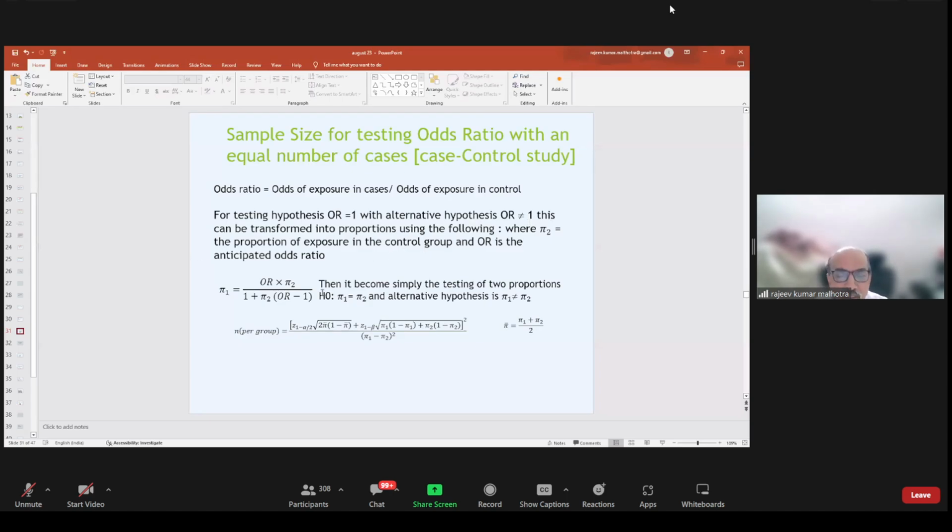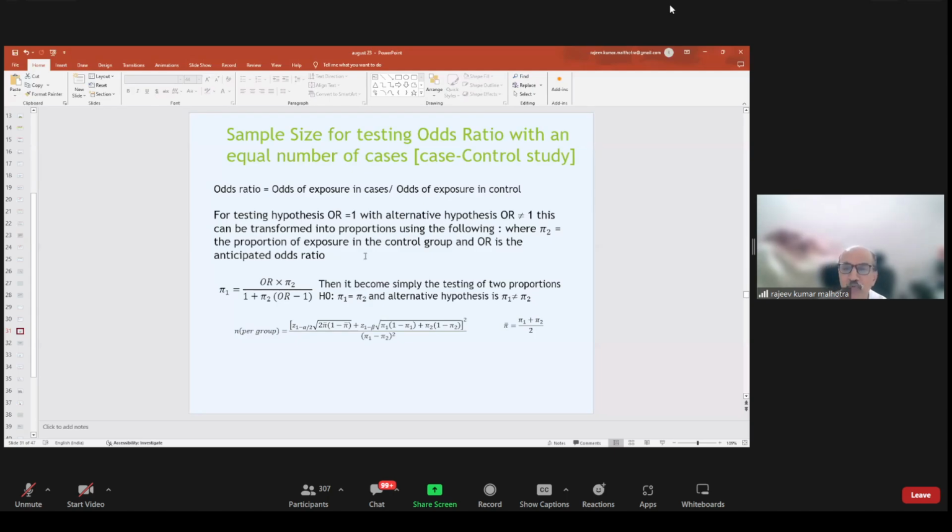So with this formula, we can transform the odds ratio into proportion 1 and proportion 2. But for this, we need to know the proportion 2 value in the control group. So we need two pieces of information: one is the odds ratio, and the second is the proportion of exposure in the control group.